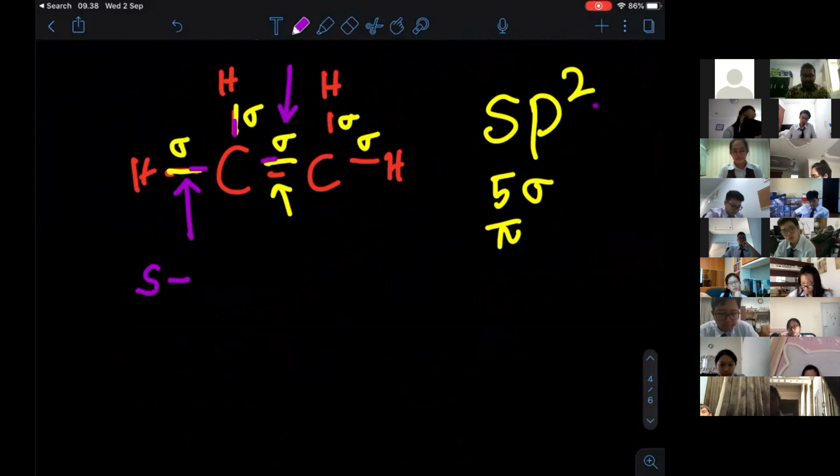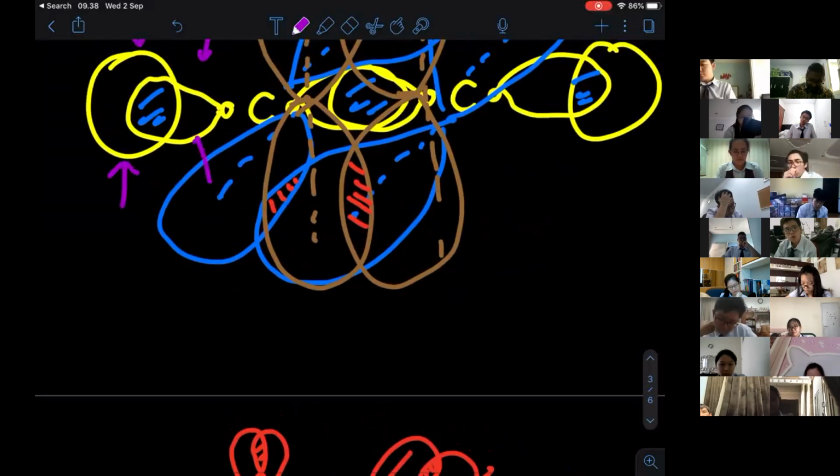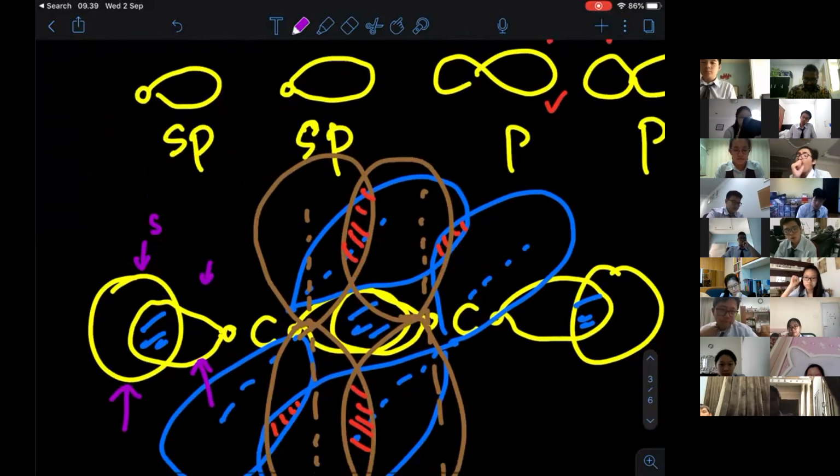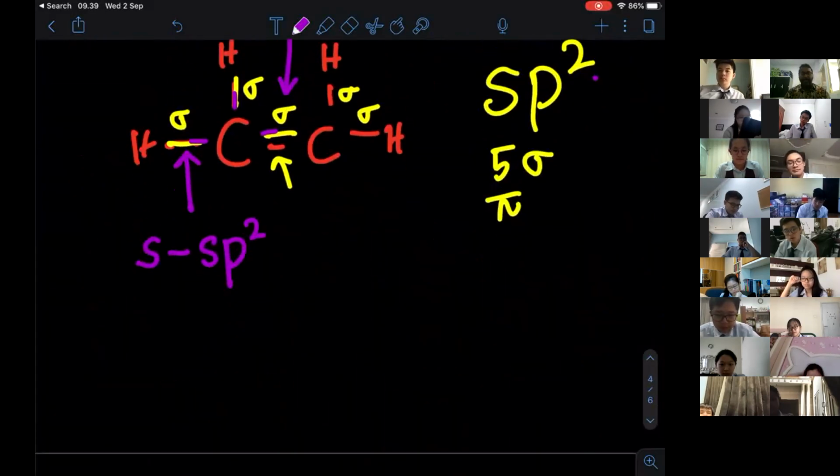It means it's the overlap between s and sp2. Quite simple. This one is a different example. So, s and sp2.